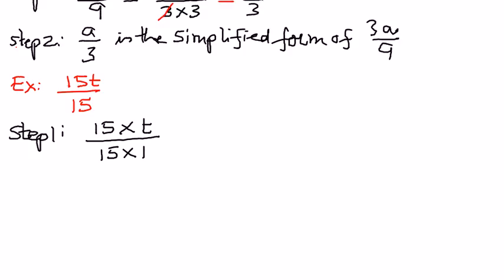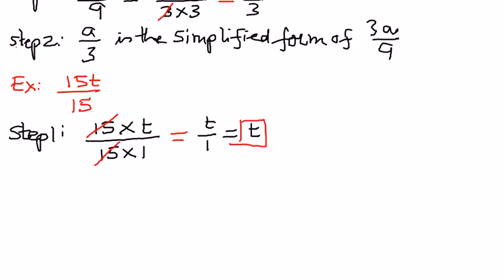So when we have numbers in the numerator and denominator which are multiples of one another, we can cancel them out, leaving us with t over 1, which is the same as t.